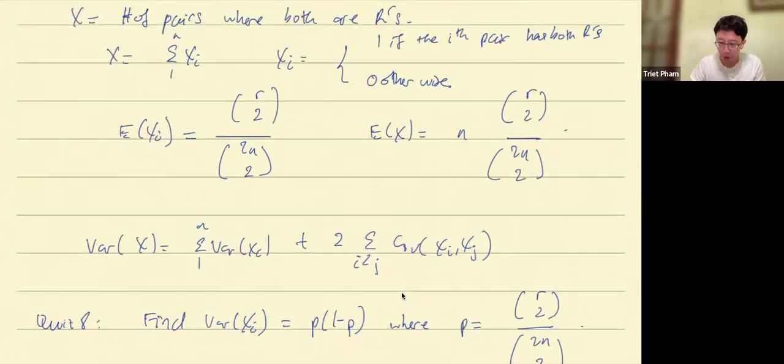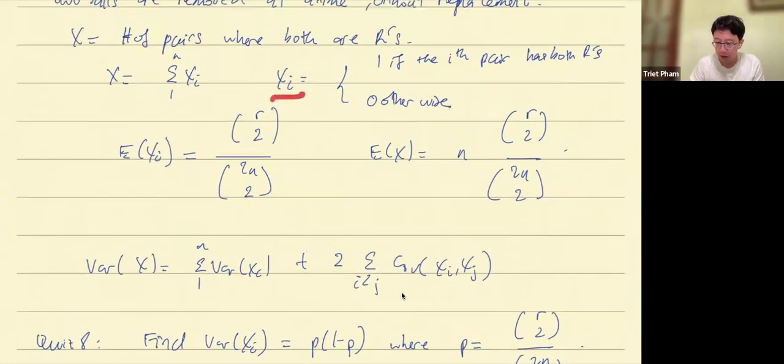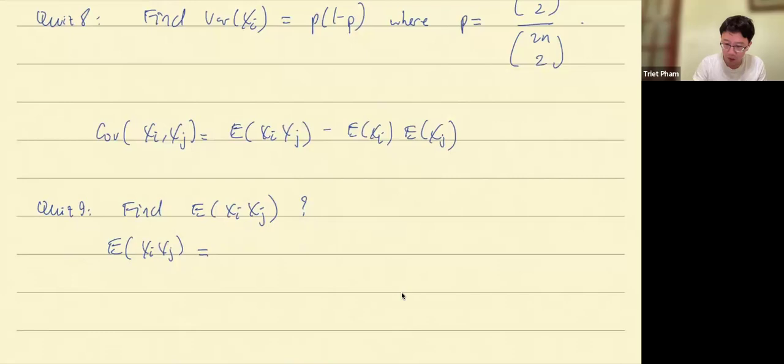And what's the event? The event is that the ith pair has both reds. So this is the probability that both the ith pair and the jth pair are completely red. All right, what's the probability of that happening?